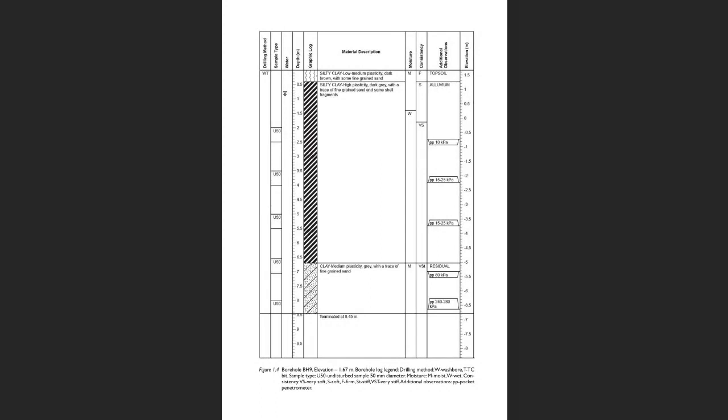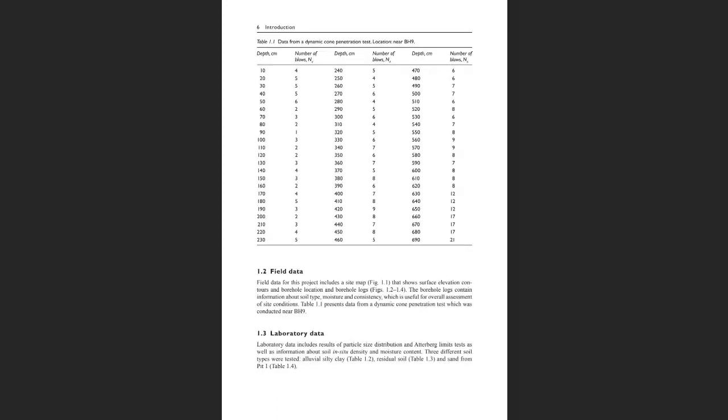So every year I change the borehole logs data. And then you will also be given a set of SPT data, data on plasticity, grain size distribution, something that you will learn later in this course. And then you'll be asked to analyze the data, and you'll also be asked to draw a cross section.